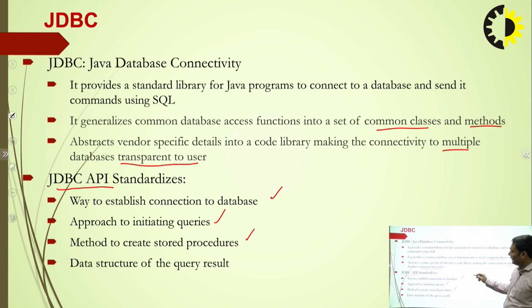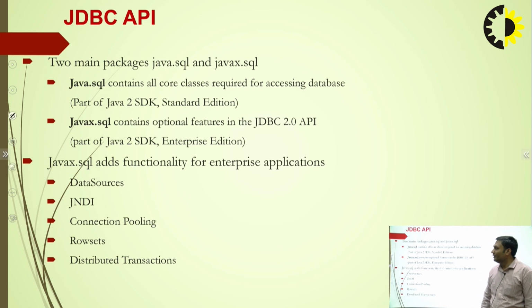So the JDBC API provides these four things through which we can connect our application with the database and process the results on the database.